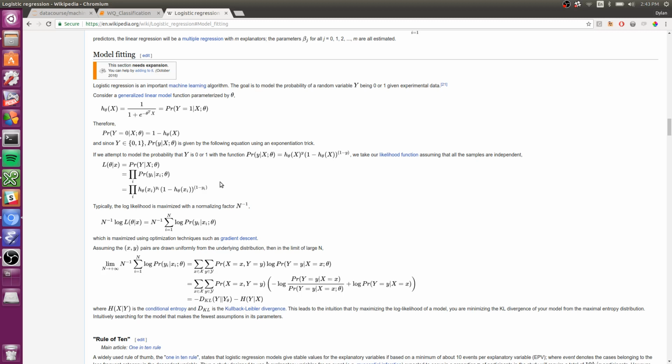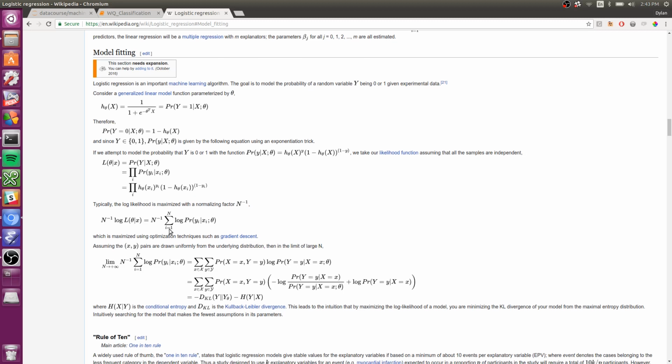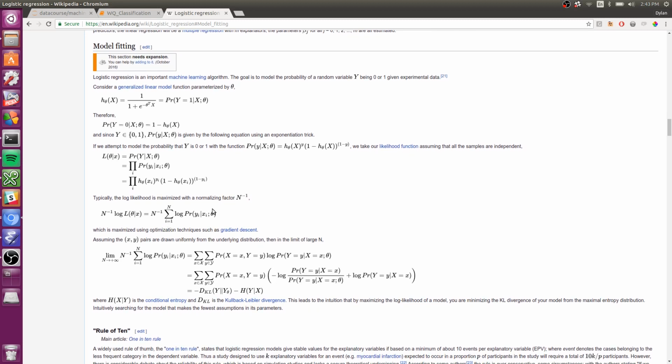The gist of it is you can compute the expression for the maximum likelihood in terms of the model parameters, and then once you have that expression, you can use that as a sort of objective function to be optimized by gradient descent.